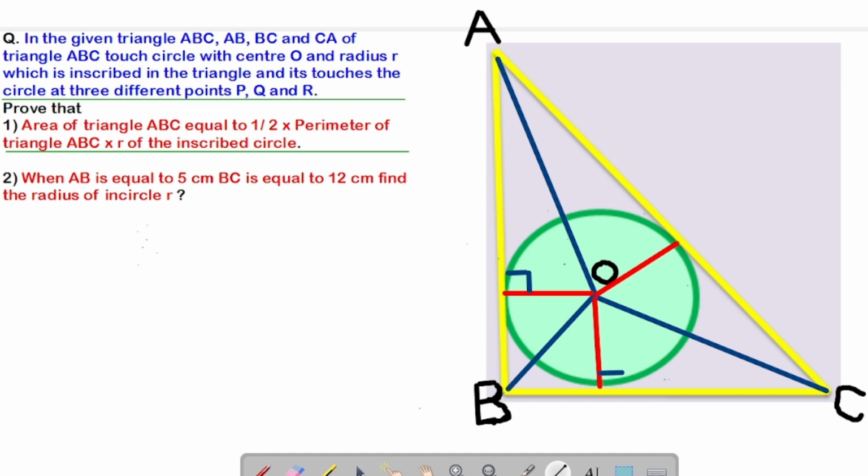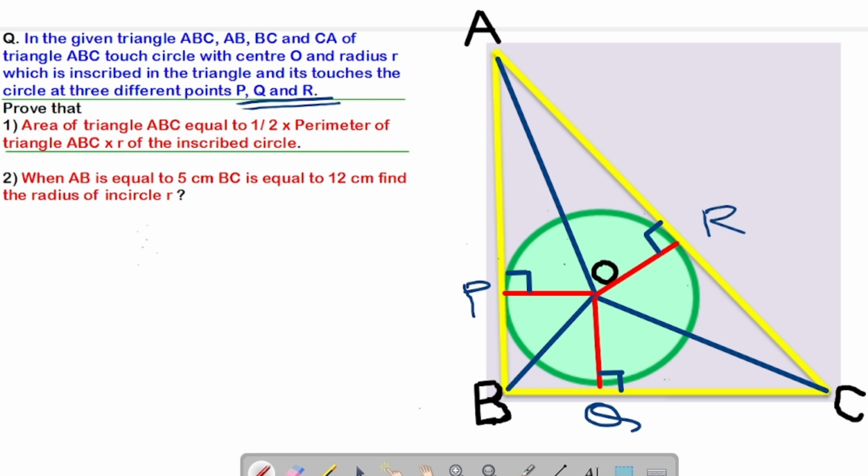And since the circle is touching the three sides of the triangle, these will definitely be perpendicular to the three sides, because the three sides AB, BC and CA are working as tangents. A tangent is always perpendicular to the radius at the point of contact. This is the radius, right?